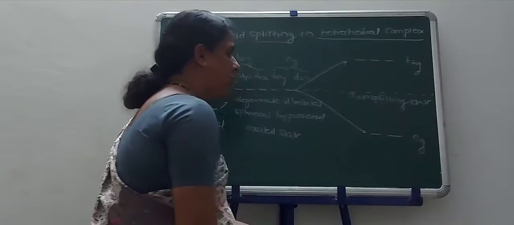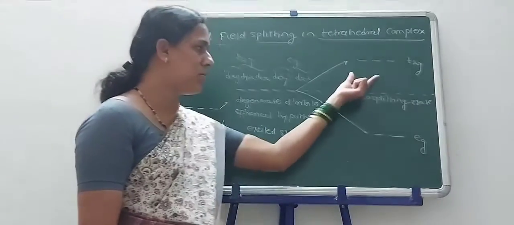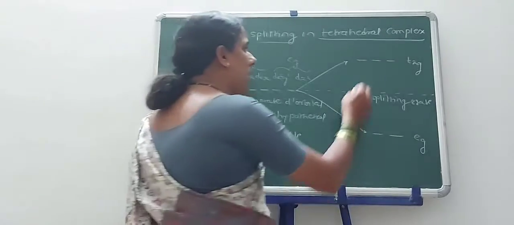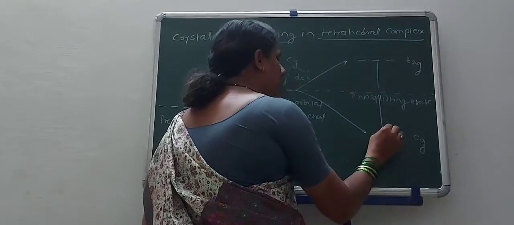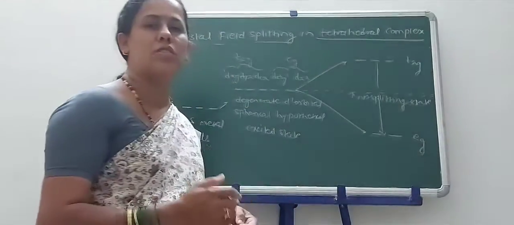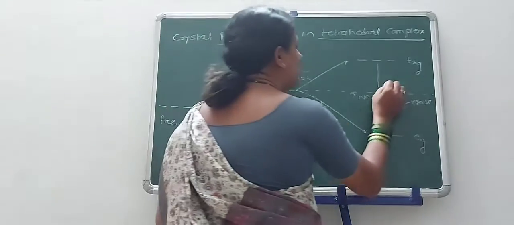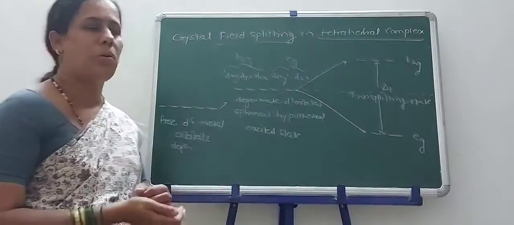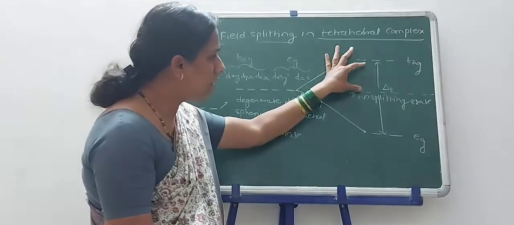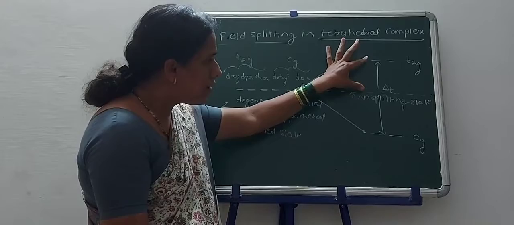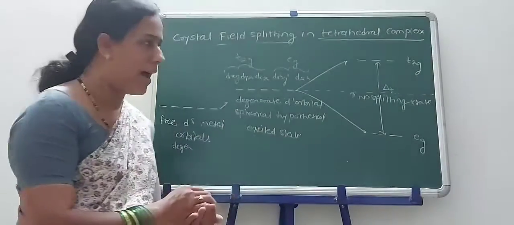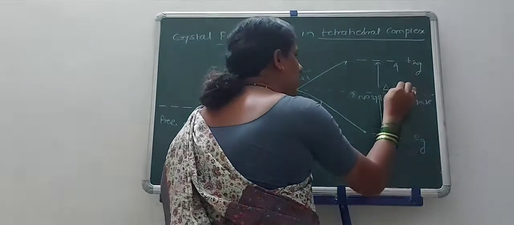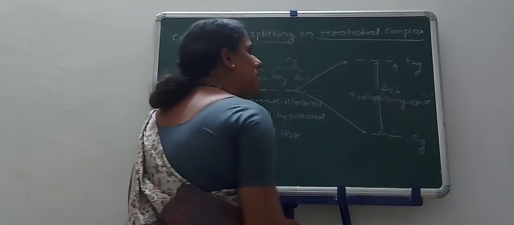Now, the energy gap between these T2g and Eg orbitals is known as the crystal field stabilization energy for tetrahedral, denoted by delta T. You must also know the difference: for T2g orbitals, how many orbitals? 3 orbitals.